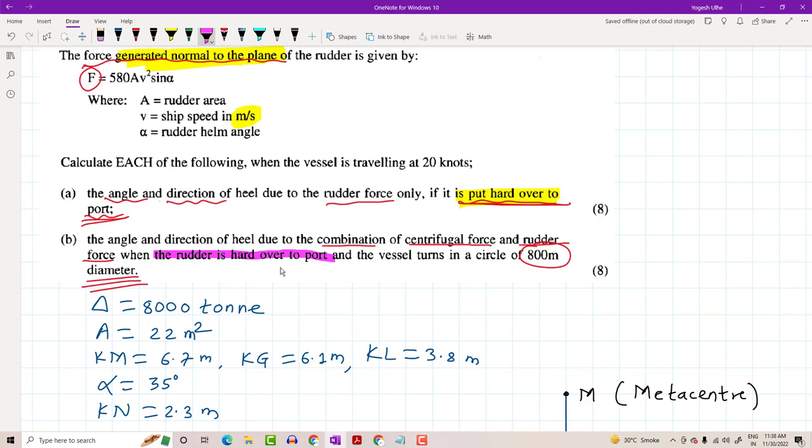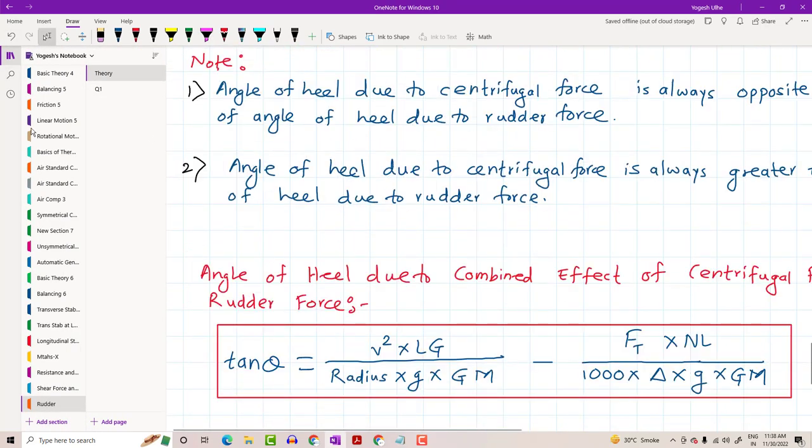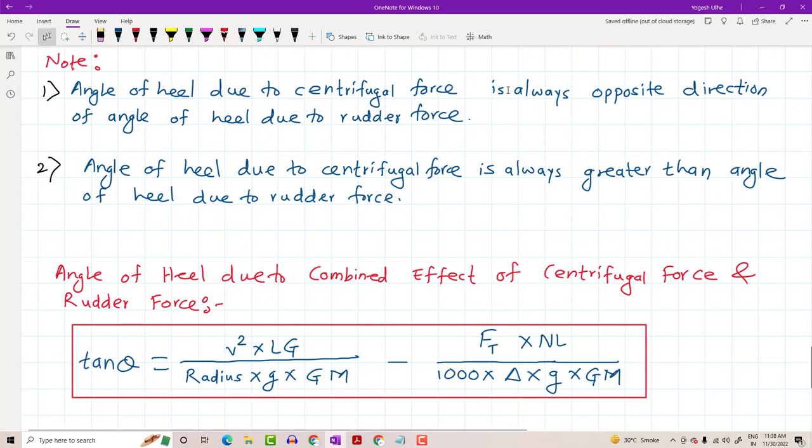So the angle of heel due to rudder force is in the port direction, and then the angle of heel due to centrifugal force will be in the starboard direction, because we already studied in the theory of this chapter that the angle of heel due to centrifugal force is always opposite in direction to the angle of heel due to rudder force.